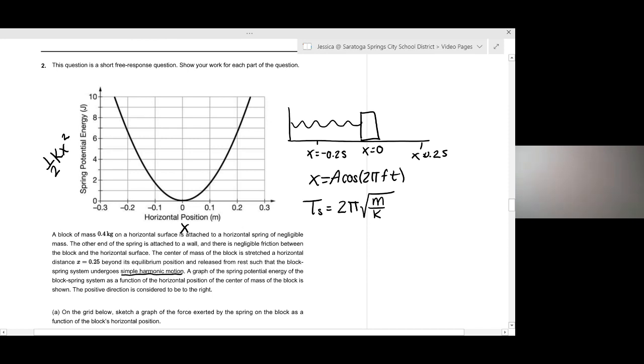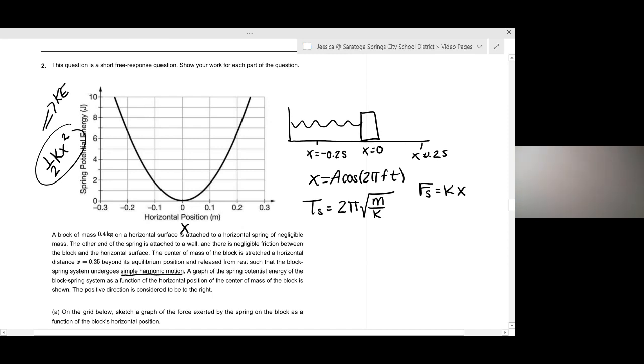Because we're also dealing with springs, we might need the force that acts on a spring. So force is kx. And then we already have the spring potential energy equation. Remember that spring potential energy converts back and forth to kinetic energy.